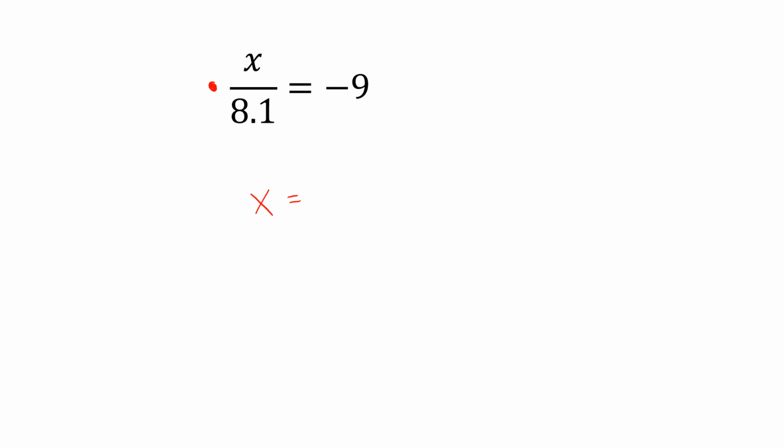I'll put a dot here for multiplication, 8.1. These will cancel. And you do the same thing on the other side of the equal sign, times 8.1. So x equals, okay, you got to remember the zero triangle, negative, negative, positive, and we're multiplying here.